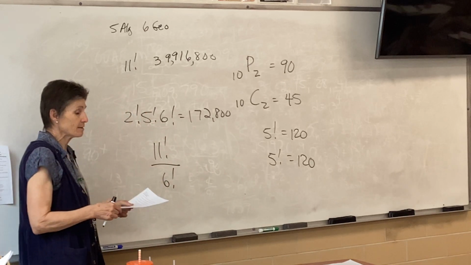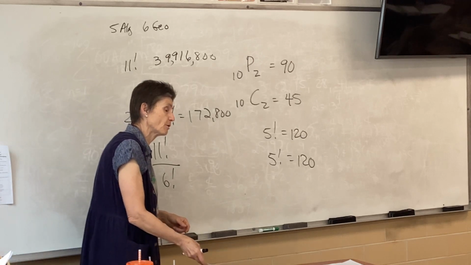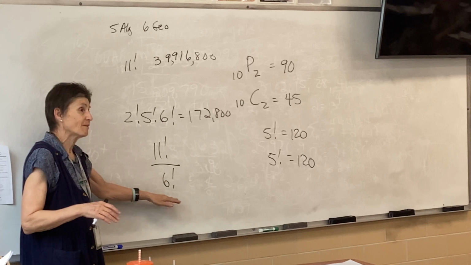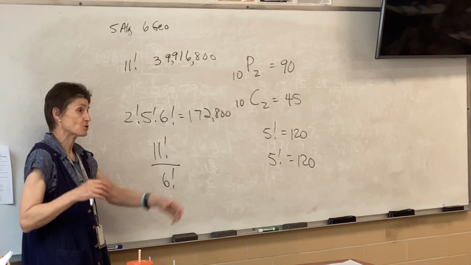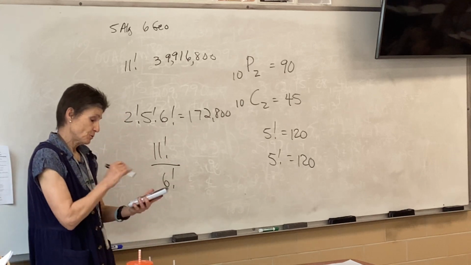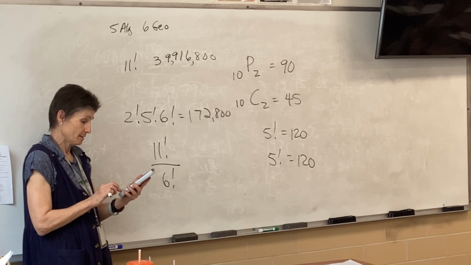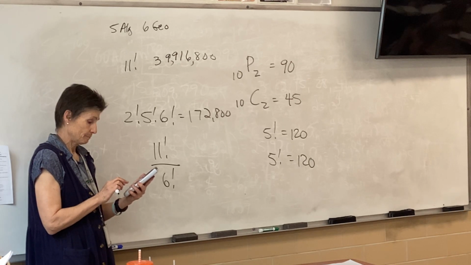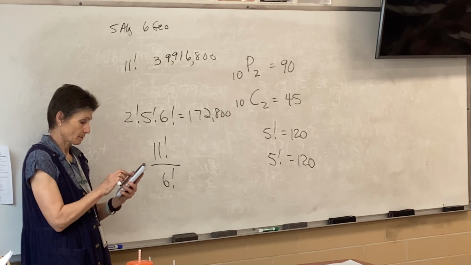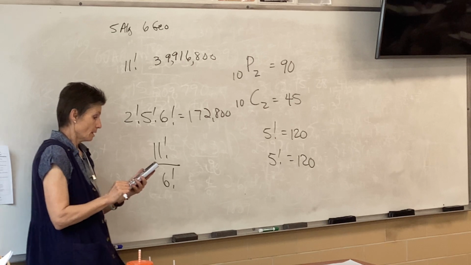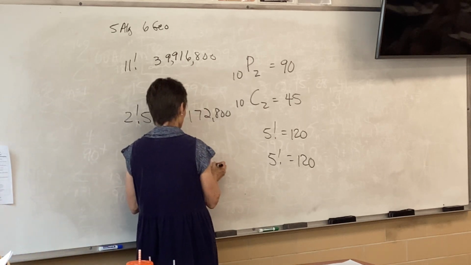You do not take the factorials out of the original, or the duplicates out of the original arrangement, Katie. They get divided out after you have arranged. Do not try anything wacky with that. You have to type it in. $55,440.